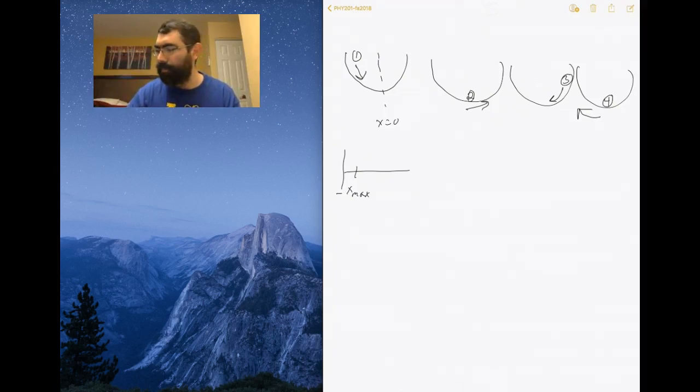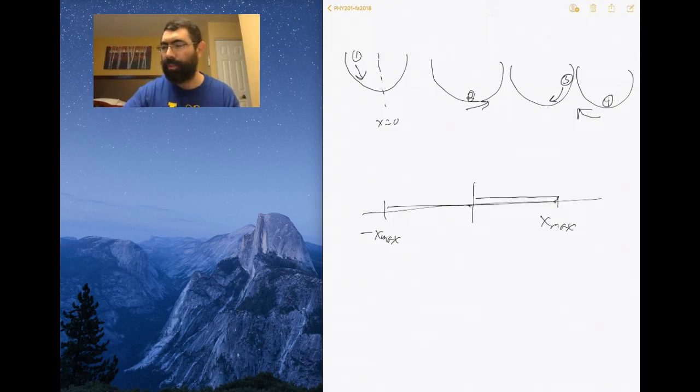Actually, let me make this bigger. It starts at minus x max, and it goes to 0 at position 2, and then it goes out to positive x max, and then it returns and goes back to 2. This is position number 4, and then it starts the whole process over again.